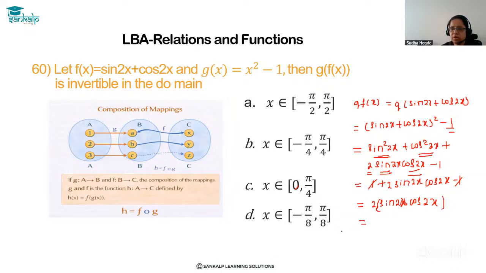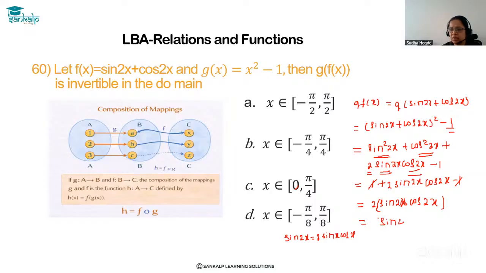So you have the result sine 2x is equal to 2 times sine x into cos x. Use that one. Instead of x, you have 2x here. So the whole term will become sine 4x.